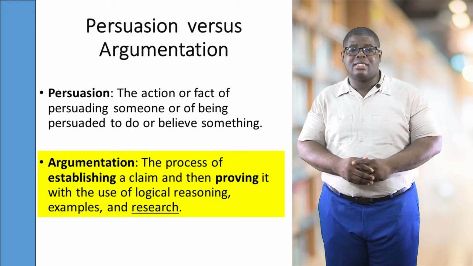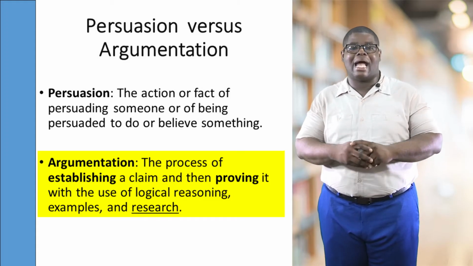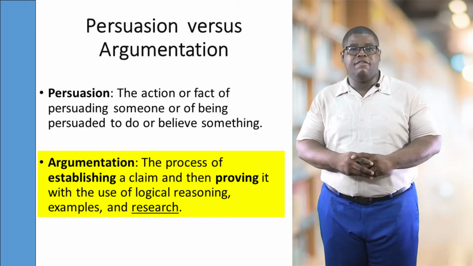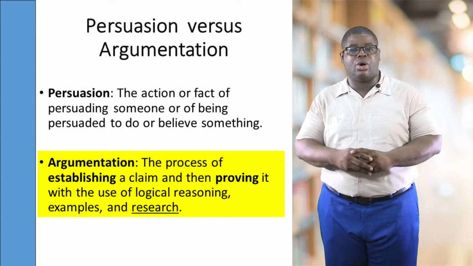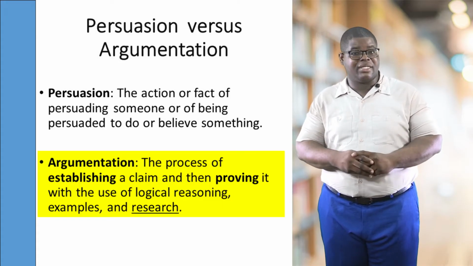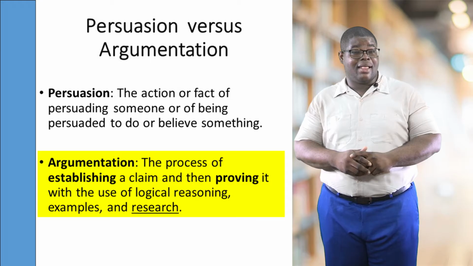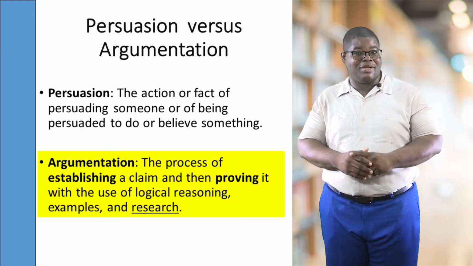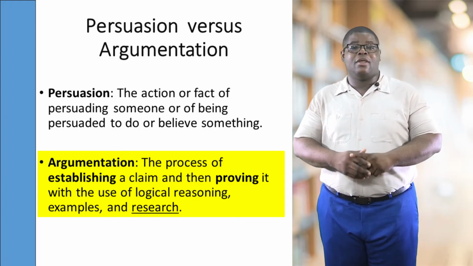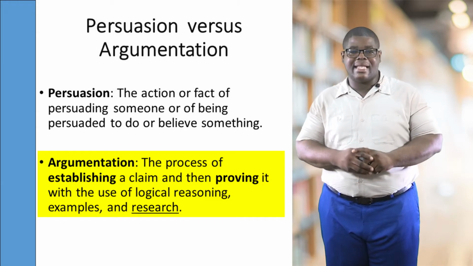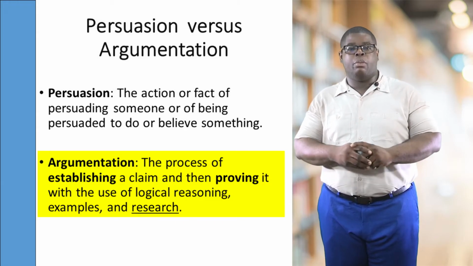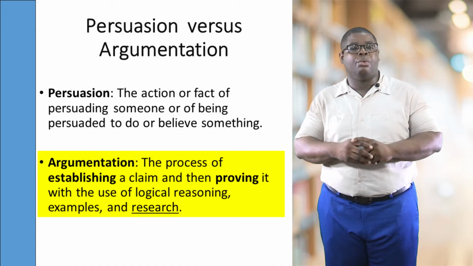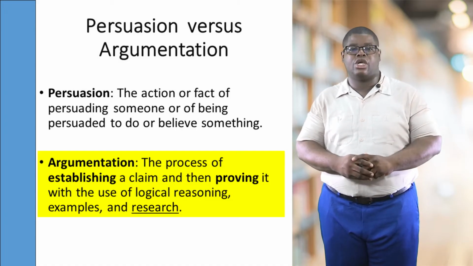Argumentation: the process of establishing a claim and then proving it with the use of logical reasoning, examples, and research. And I note that you see I underlined the word research there for you.